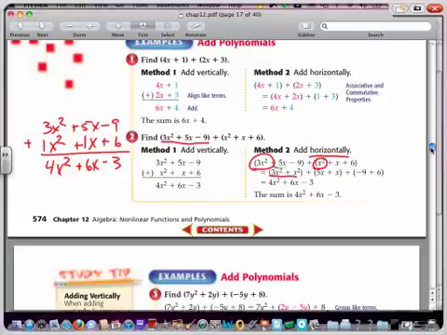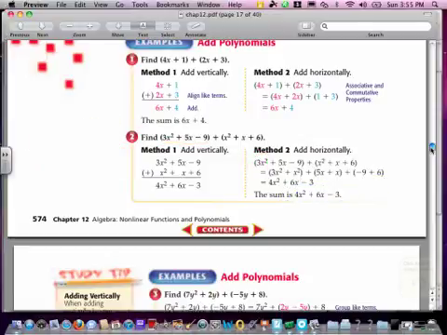Here's 5x and x, put those there. And here's negative 9, and that's a positive 6, and put those right here. Then add all those terms together, and you end up with 4x squared plus 6x minus 3. So whichever way you find is easier to do, go ahead and do it that way.